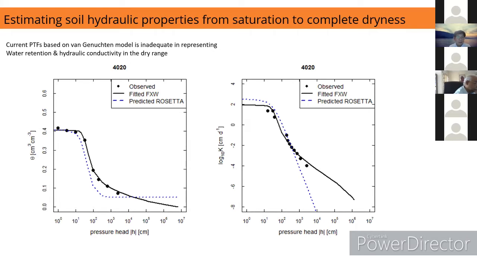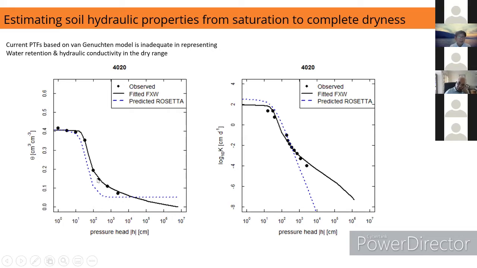So that's one of its limitations. As a consequence, in the Mualem-Van Genuchten model, the hydraulic conductivity drops off very quickly because it's mainly modeling capillary flow.